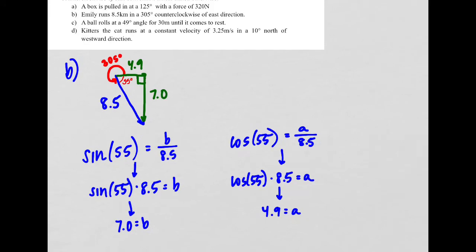Moving on to 2C now. We have a ball that is rolling at a 49 degree angle for 30 meters until it comes to rest. So we have 49 degrees is about right there. And our angle here is 49 degrees.